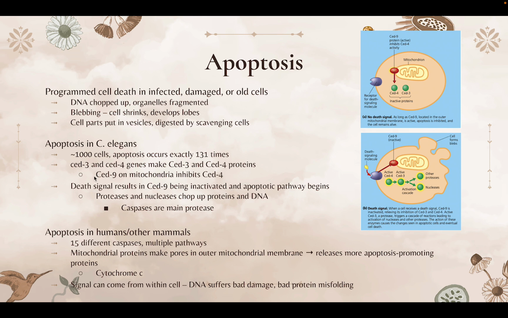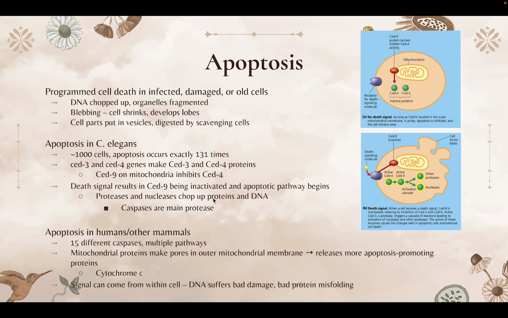And you've got this CED9 protein on the mitochondria that inhibits CED4. So here's the inactive form, when the cell is doing all right, no apoptosis signal. You've got your CED3 and CED4 that are inactive, and then you've got your CED9, which is active, and it is preventing CED4 from becoming active.